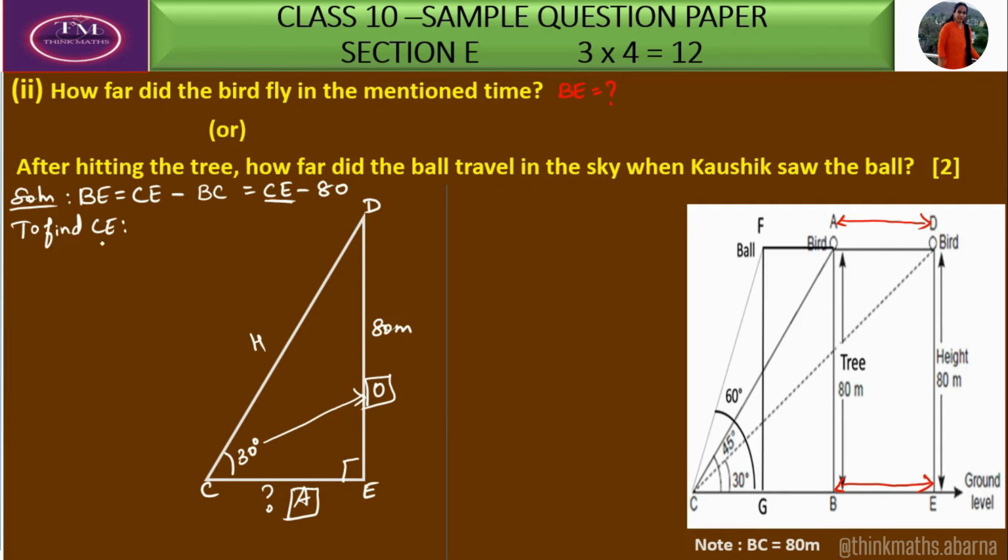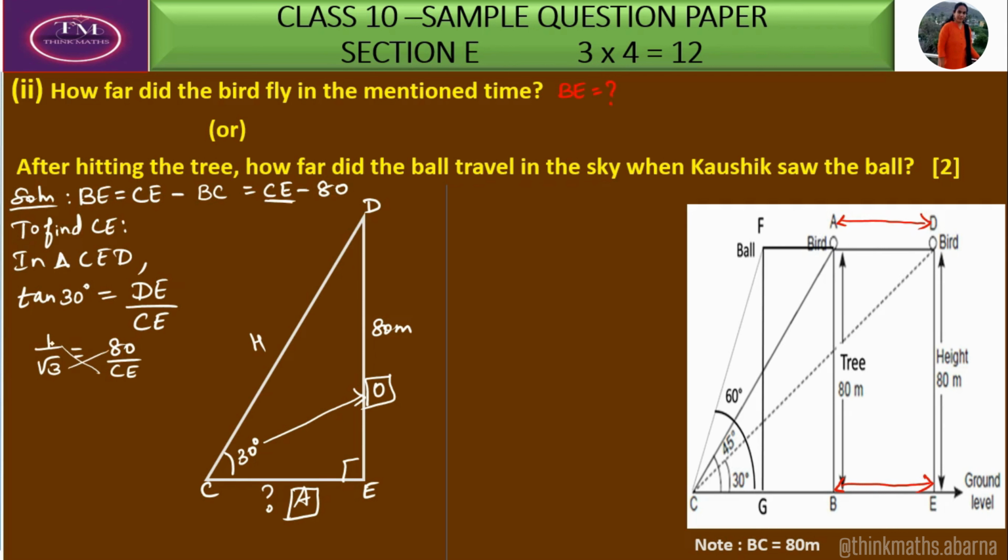So in triangle CED, tan 30 degree equal to DE. Opposite side is DE. Adjacent side is CE. What is tan 30? It is 1 by root 3. DE is 80 divided by CE.